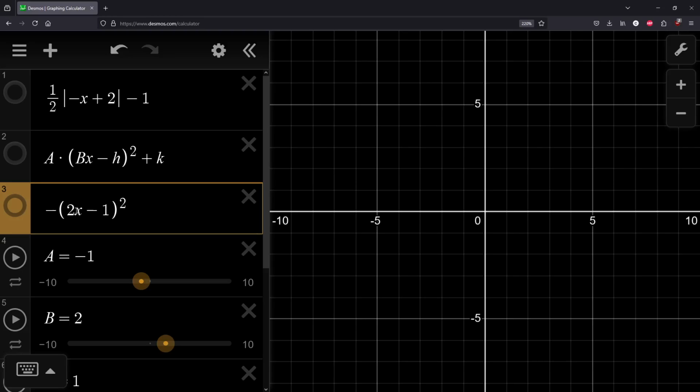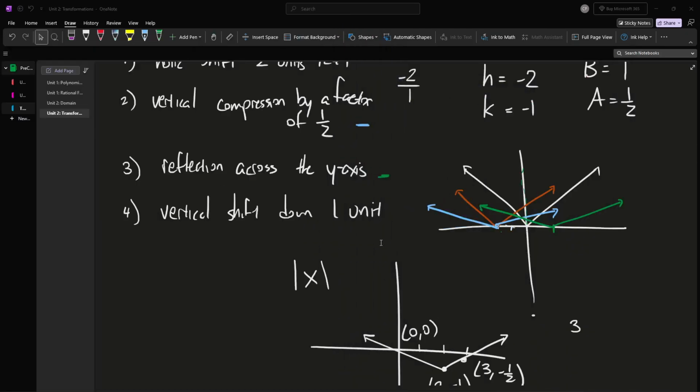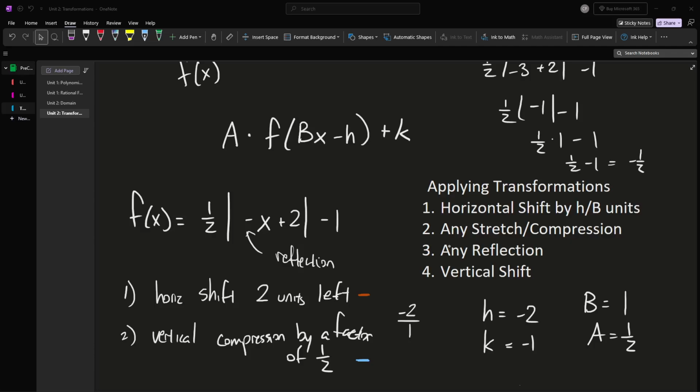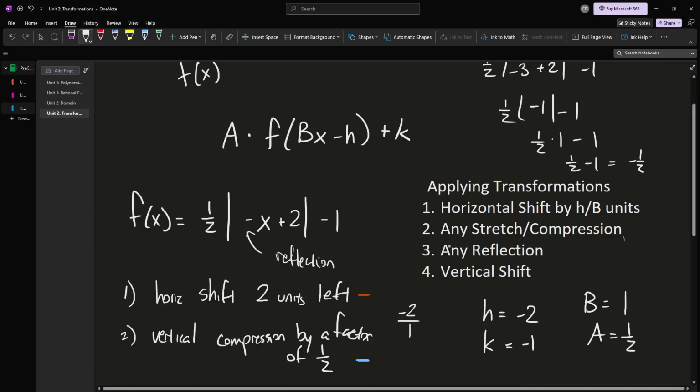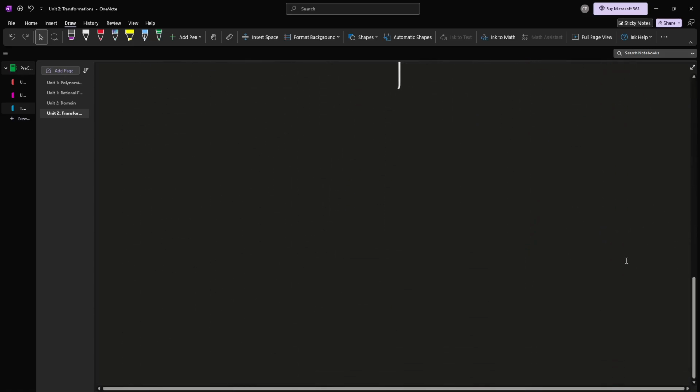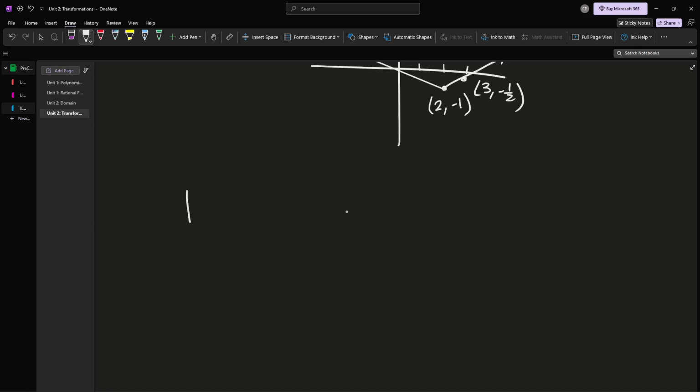I'm then doing my horizontal compression, which is something I want to also point out. Horizontal compression is 1/b. You compress by 1/b, not just by b. That is in a textbook. That should be in our notes. So the horizontal ones are a bit rough.